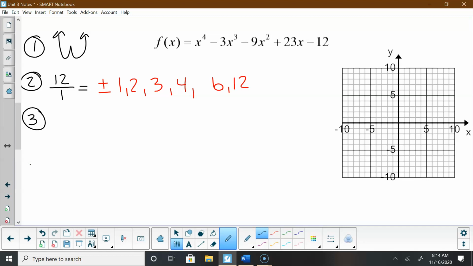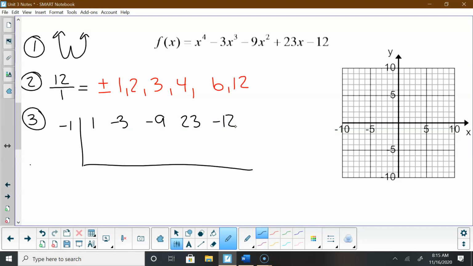So I'm going to start by taking positive 1 as my 0. So I've got 1, negative 3, negative 9, 23, and negative 12. Ready? So we got lots of checks.